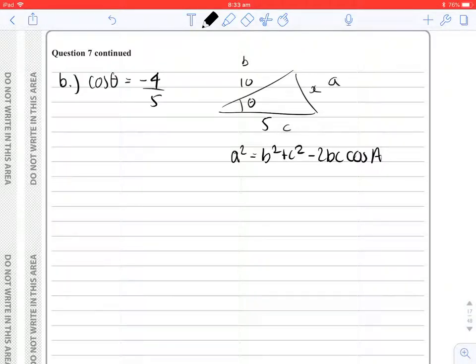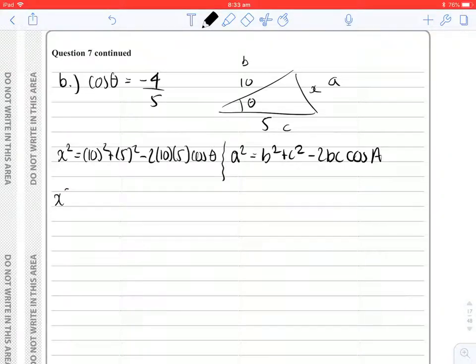So to write this out, x squared is equal to 10 squared add 5 squared minus 2 lots of 10, lots of 5, lots of cos theta.